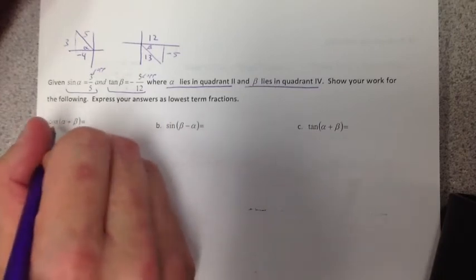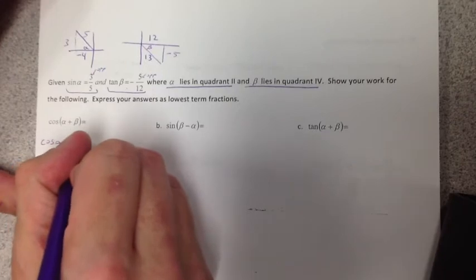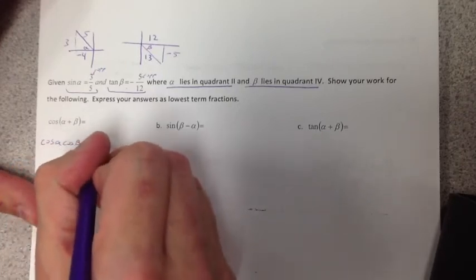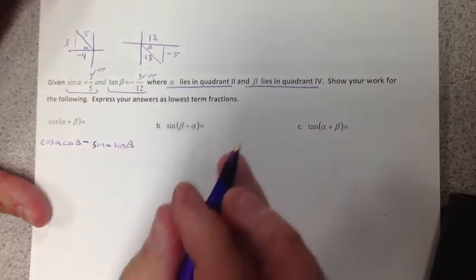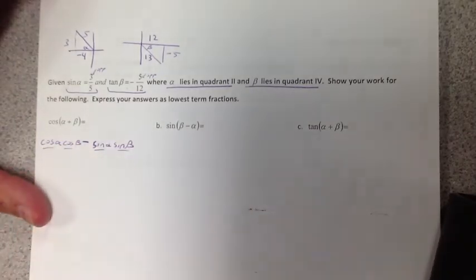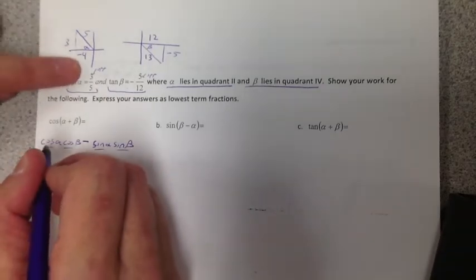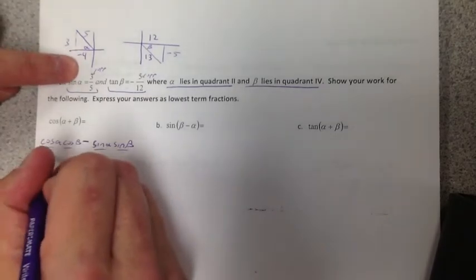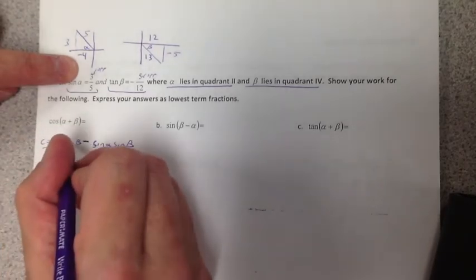All right, the first one is cosine. Now we know cosine of alpha plus beta is cosine alpha, cosine beta, minus sine alpha, sine beta. And I'm just going to use my triangles to get these. To get the cosine of alpha, cosine is adjacent, so it's negative 4 over the hypotenuse 5, times the cosine of beta.